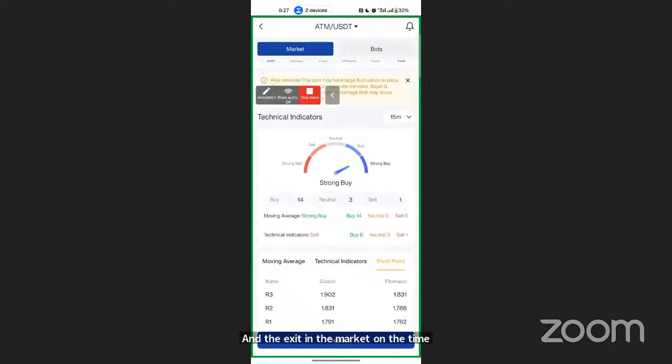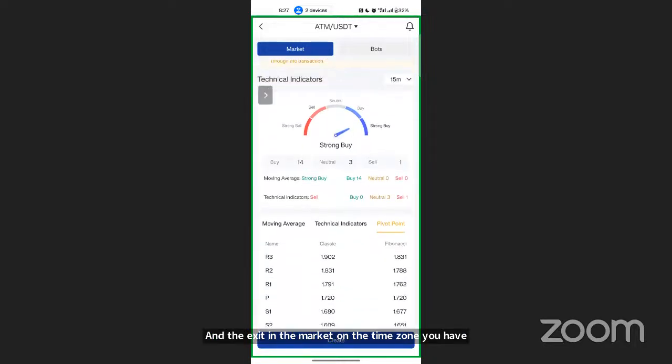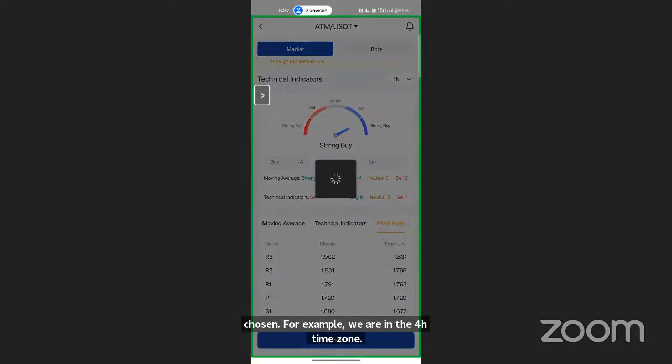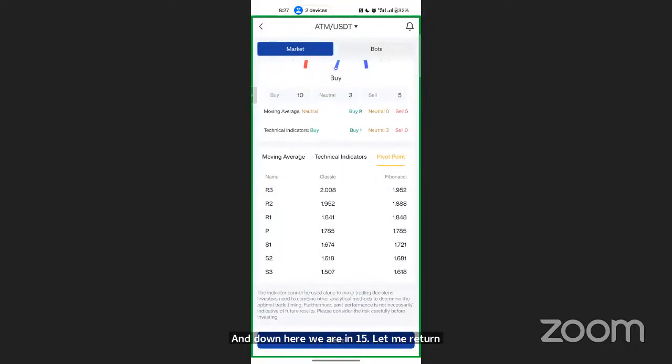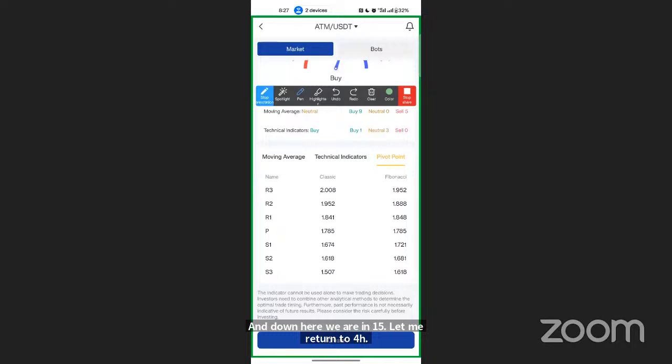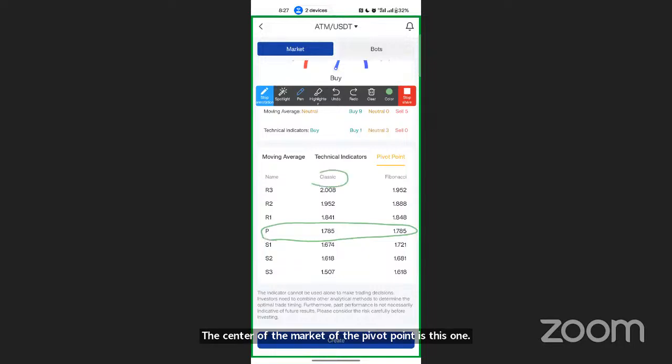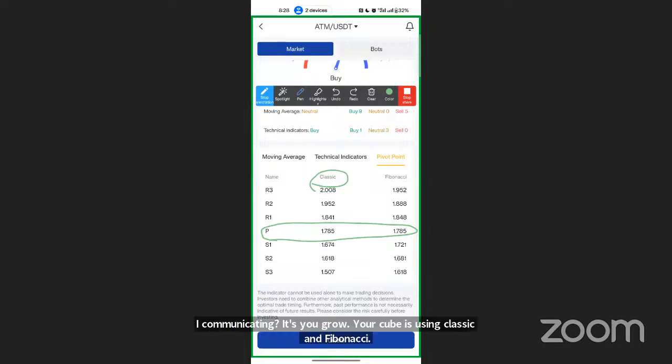For example, we are in the 4-hour time zone, and down here we are in 15. Let me return to 4 hours. In the 4-hour time zone, the center of the market, the pivot point, is this one. Am I communicating? Royal Q is using classic and Fibonacci. Now I'm going to differentiate for you what is classic and what is Fibonacci.